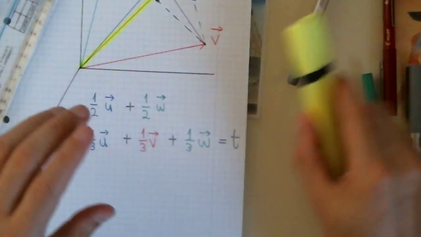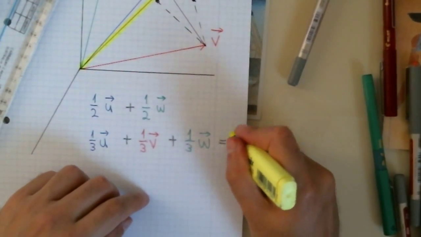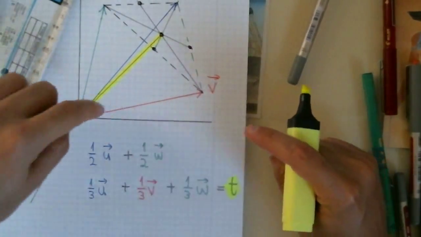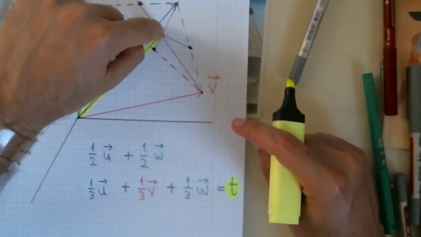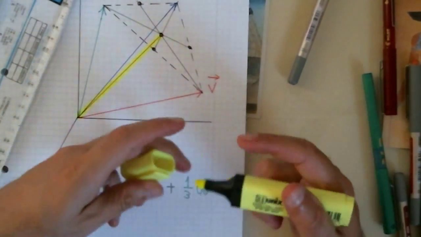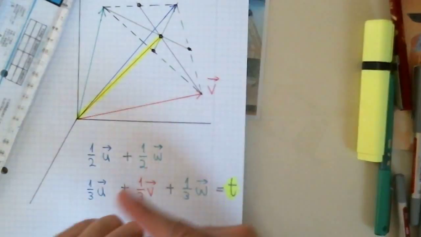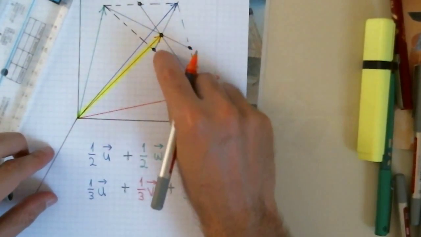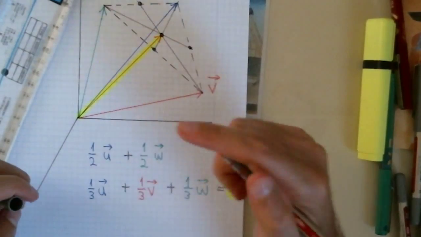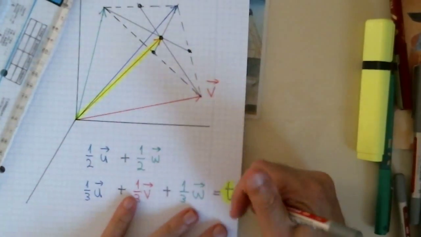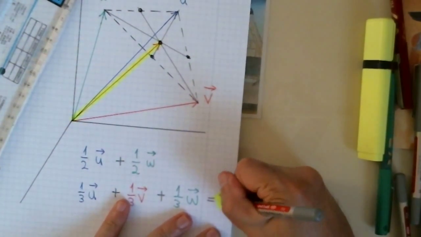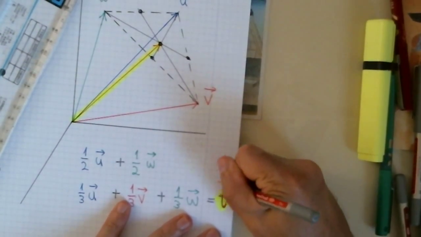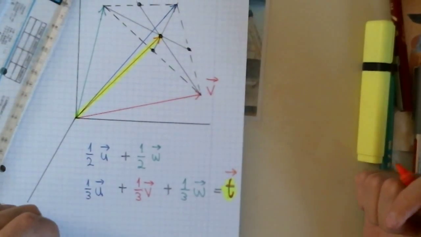And T, I'm just showing you that T is the yellow thing. This point, or this vector if you want. I'll show you that this is a vector by making an arrow. And T, sorry that I didn't draw it in orange, T is a vector.